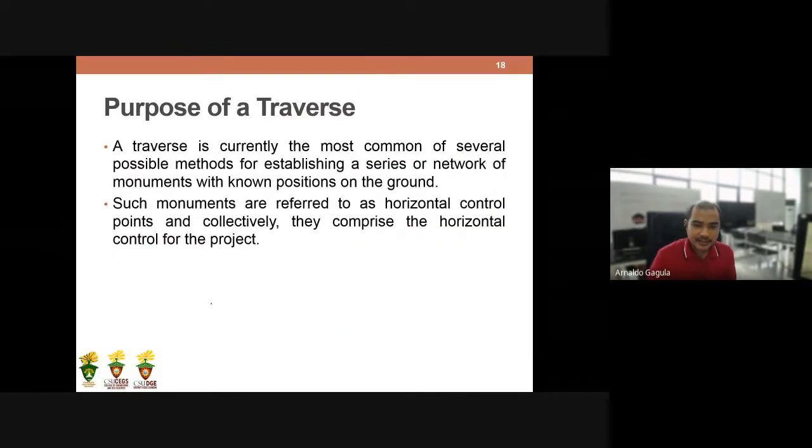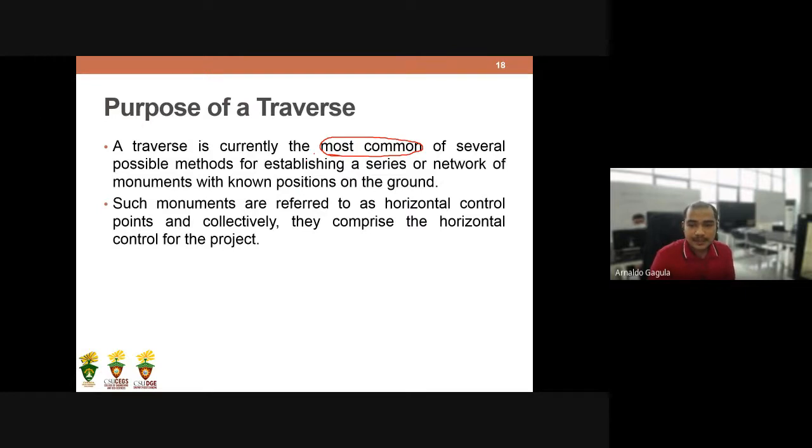So, the purpose of a traverse is, first, a traverse is currently the most common, pinaka-common siya nga pamaagi, of several possible methods for establishing a network of monuments with known positions on the ground. Usually ginagamit specifically kung lagyo na ang area, kilometers na ang distance.